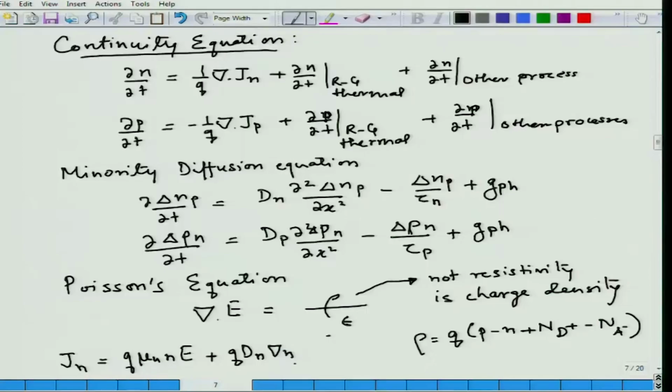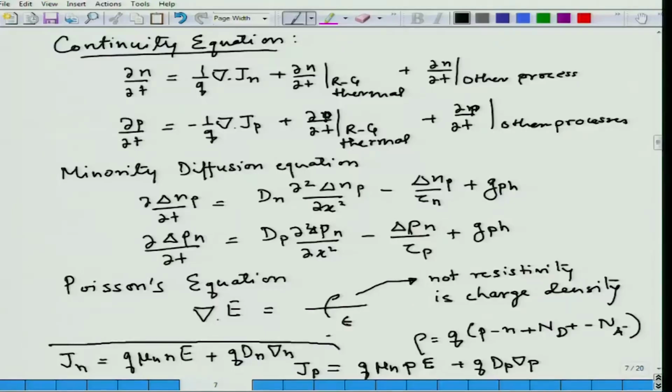I can write the same thing for the current due to the holes, given by charge, mobility, number of carriers, field plus the gradient for the holes. And finally, for the total current, I am going to add these two up. So, the total current is going to be the current due to the electrons plus the current due to the holes in a semiconductor system.